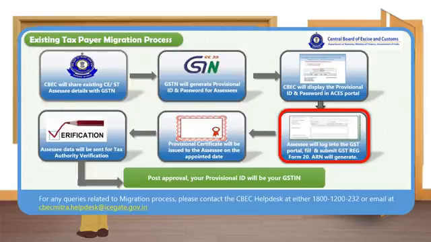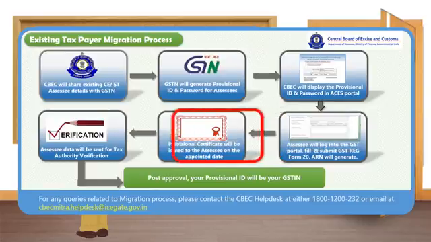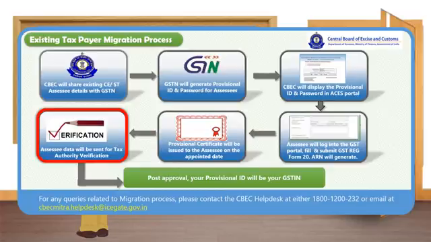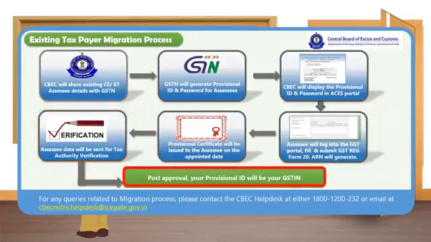A provisional certificate will be provided to the taxpayer against the application to do transactions under GST for the time being. The application will then be sent to the tax authorities for verification. Once approved by them, the provisional ID will get converted into the final GSTIN after the date GST becomes effective.